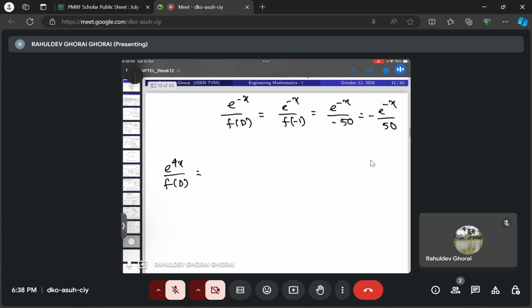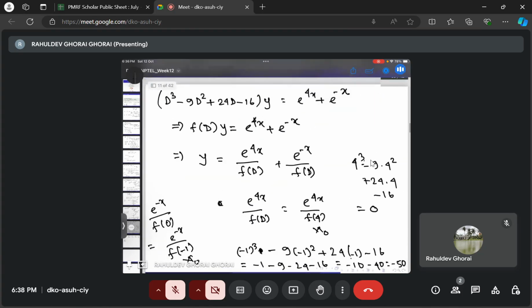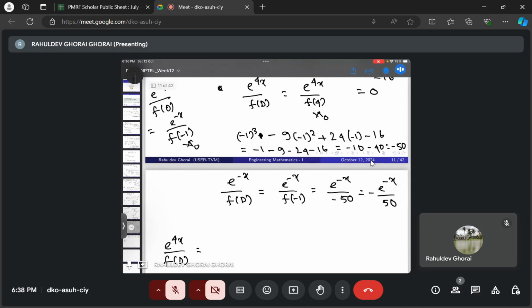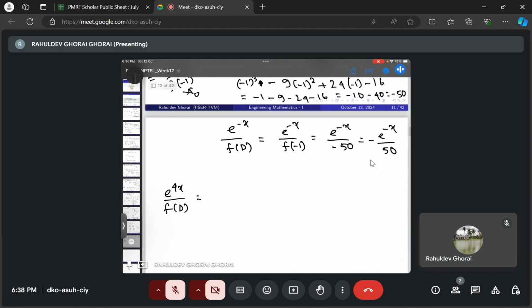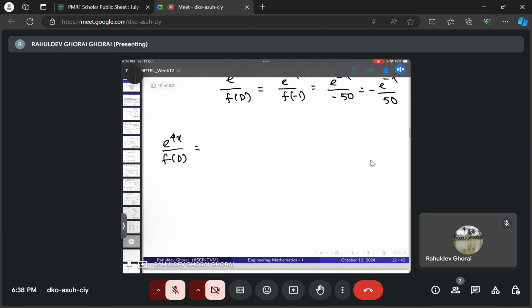So you have to factorize this D cubed minus 9D squared plus 24D minus 16. As you have seen, you cannot write this as e^(4x)/f(4), because 4 is a root.